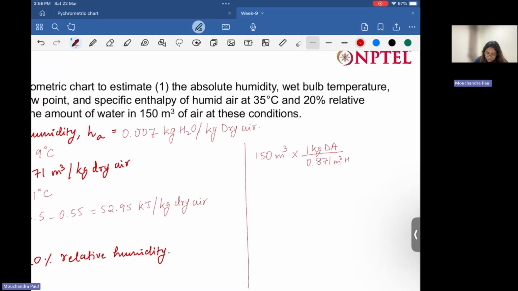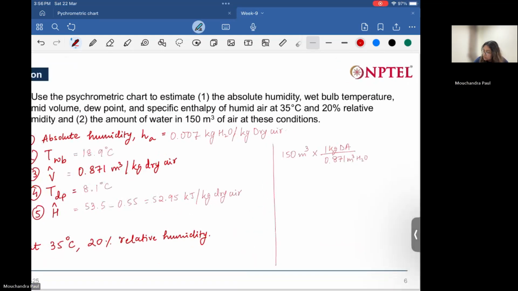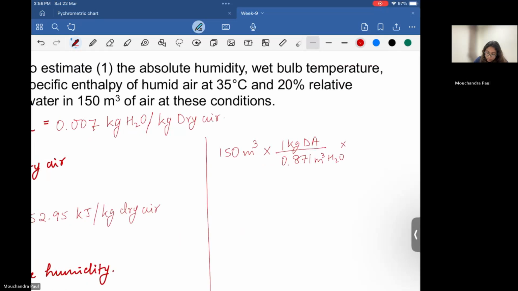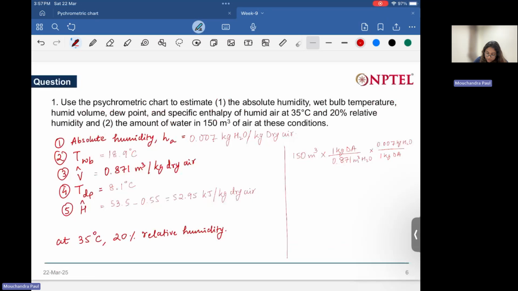Okay, volume of water, and in 1 kg of dry air at this condition, the mass of water is 0.07 kg. So this second term is essentially taken from V hat or humid volume, whereas the third term is basically your absolute humidity.